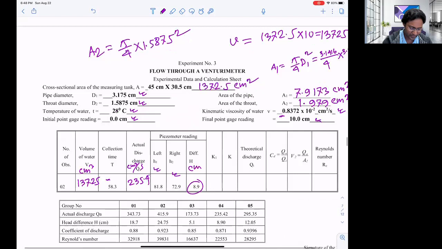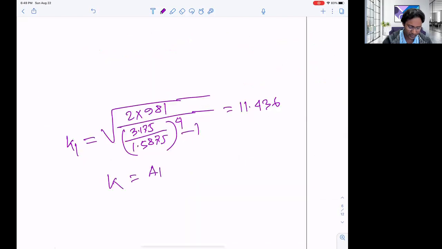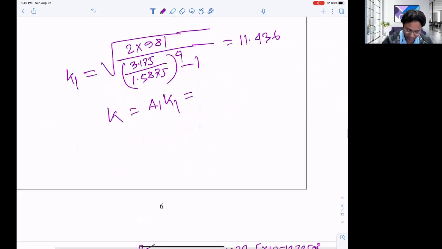So what is K? We know that K is equal to A1 times K1. A1 is the area at section number 1. So what is the area?